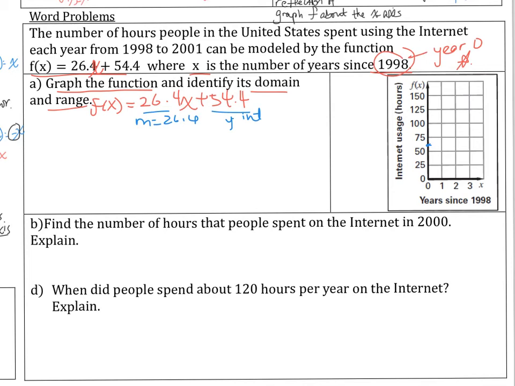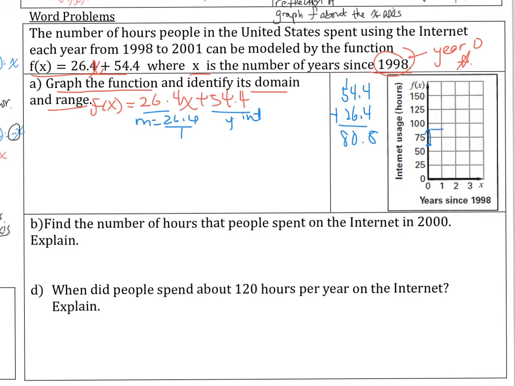And I'm going to take 54.4 and add 26.4 to find my vertical shift. So 80.8, that's probably around here. And then my denominator here is 1, so I only have to shift 1 unit to the right.